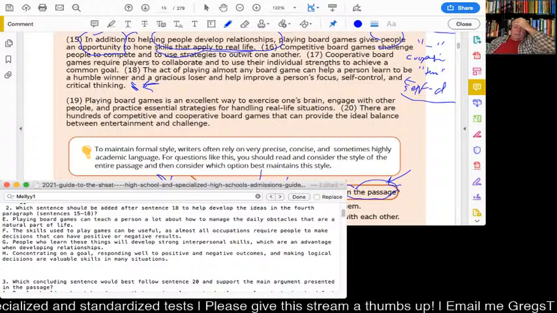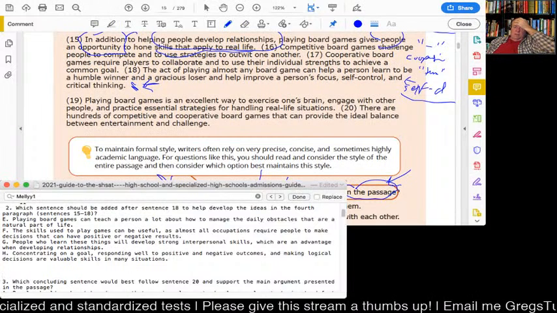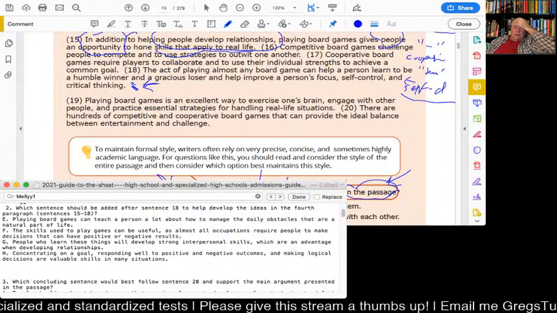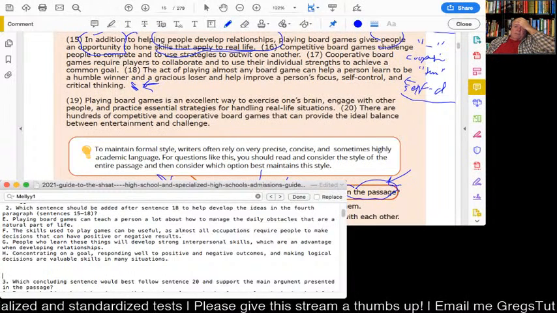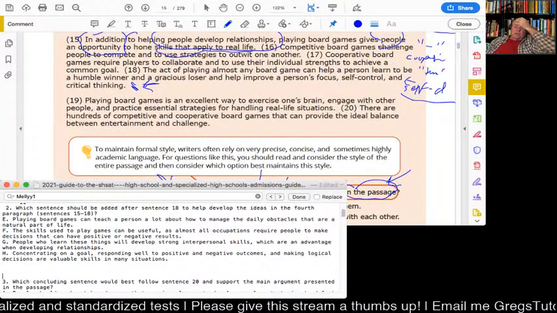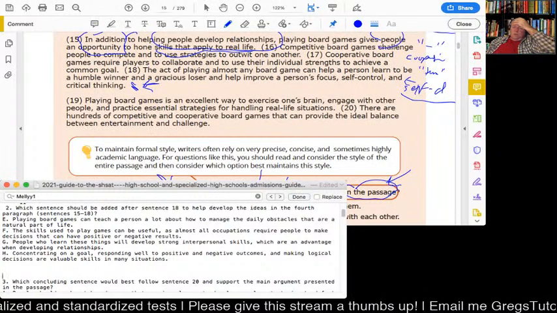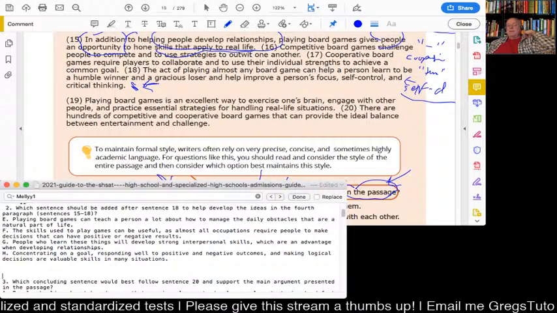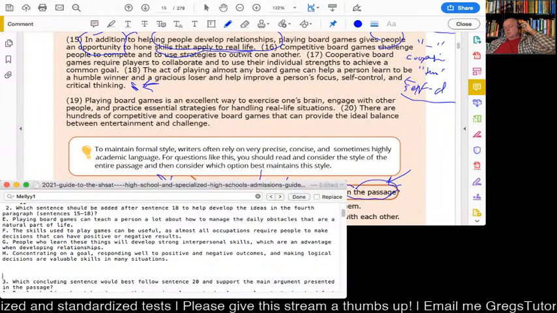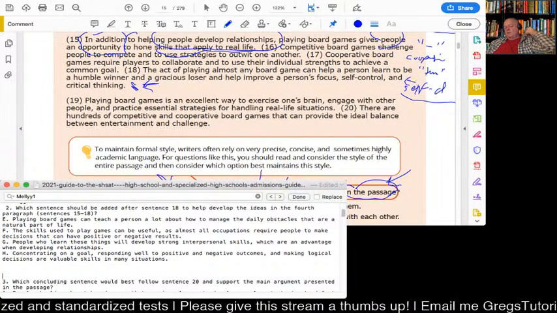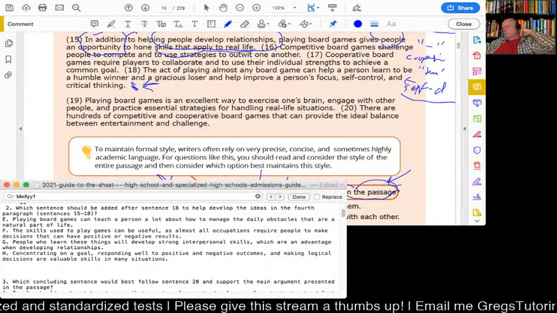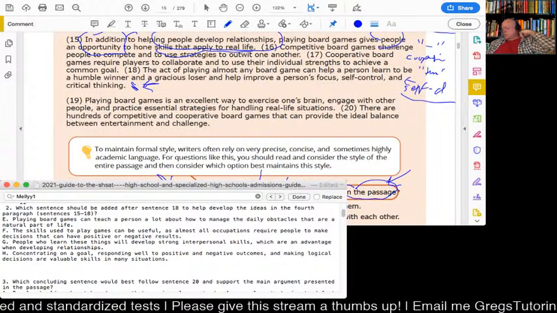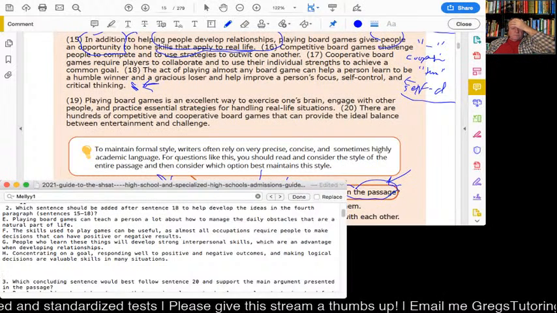The ideas in the 4th paragraph were about cooperating, right? Collaborating, achieving a common goal, being humble, having self-control and self-discipline. So which sentence seems to support that general notion? This one is kind of moving away from the main idea of the whole passage, but it's focusing on the main idea of paragraph number 4. So which one seems to do that?